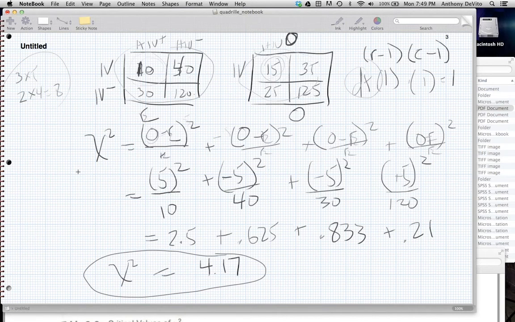I'm going to throw a quick curve in here. There are a couple of rules about using chi-square. One of the rules is that no more than 20% of your expected values can have a value less than 5, and none of your expected values can have a value less than 1, I believe.